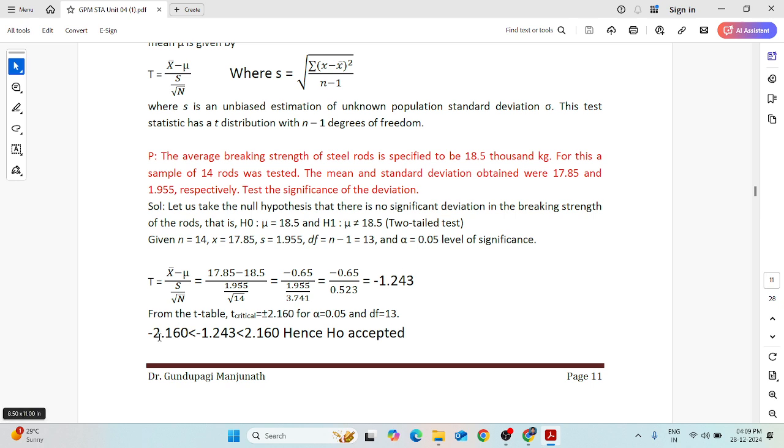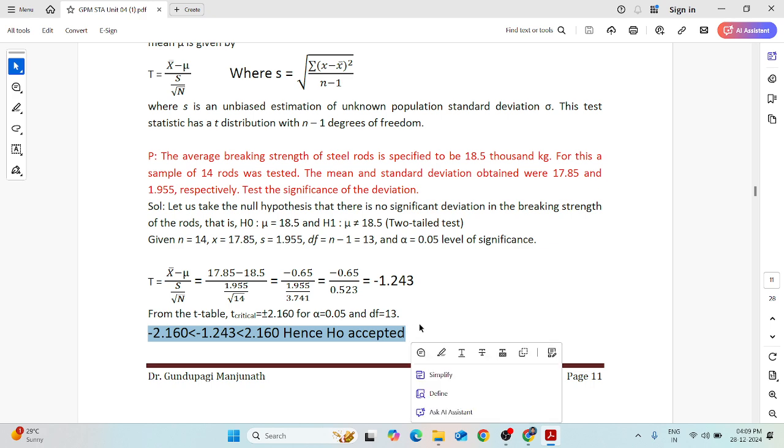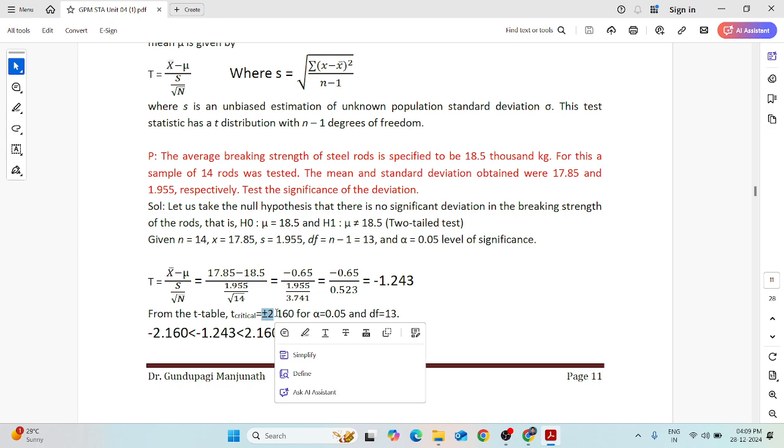From the t table, this is also one way of writing the interpretation. Sometimes we may mention a two-tail test or a one-tail test. If I want to mention a two-tail test, I take the plus or minus value.